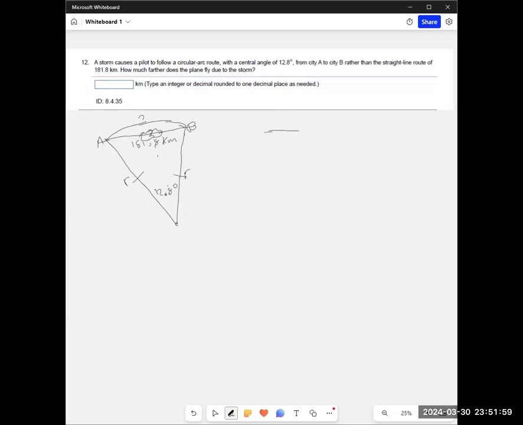Let's look at either one of them, where this is R, and this is going to be 181.8 divided by 2. It's going to be 90.9 kilometers.